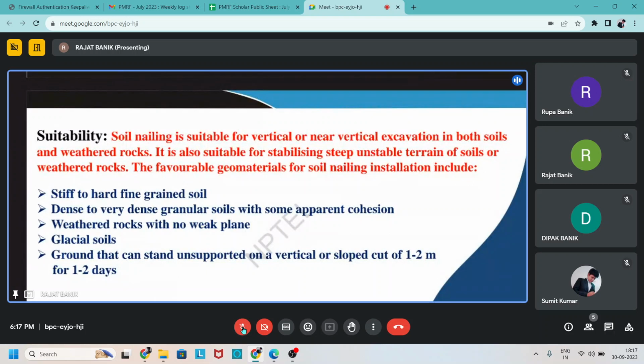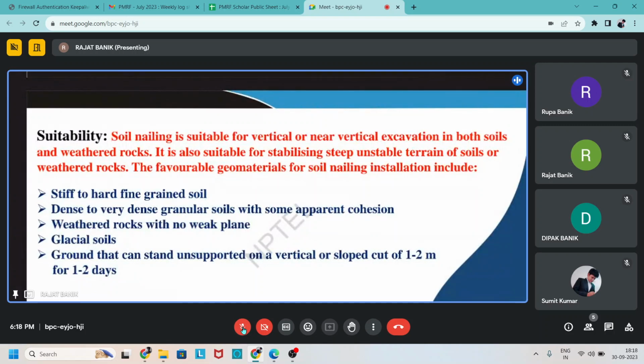It is mostly suitable for stiff to hard fine-grained soil. When the soil condition is stiff to hard fine-grained, then this method is mostly suitable. Then it is mostly suitable for dense to medium dense soil with apparent cohesion, and also for weathered rock with no weak planes. And it's also suitable for glacial soil.